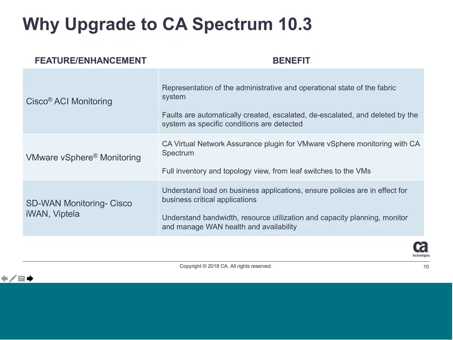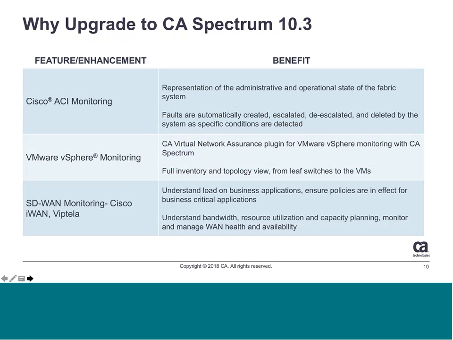Again, we also have the Cisco ACI monitoring, representation of the administrative and operational state of the fabric systems. Faults are automatically created, escalated, de-escalated, and deleted by the system as specific conditions are detected, right? Again, we have VMware vSphere monitoring.